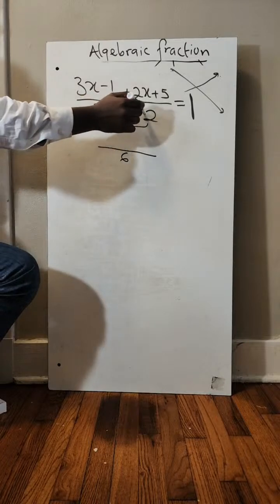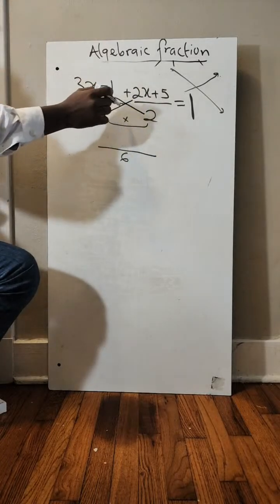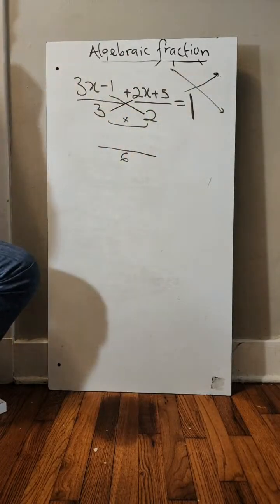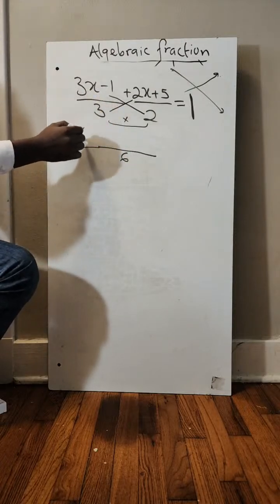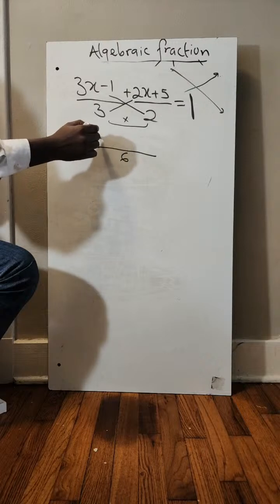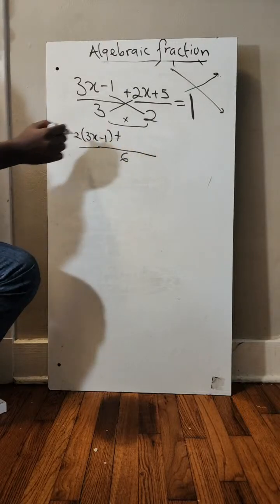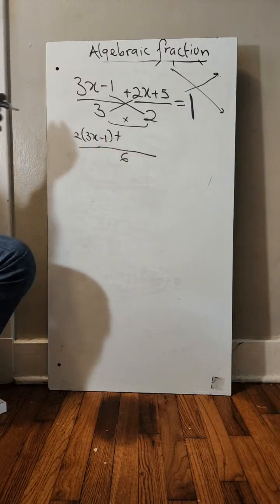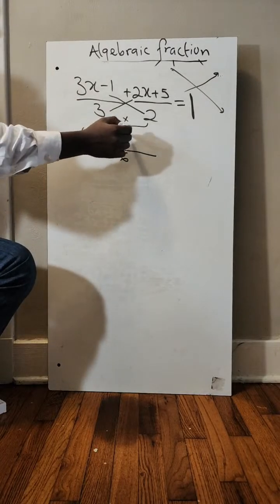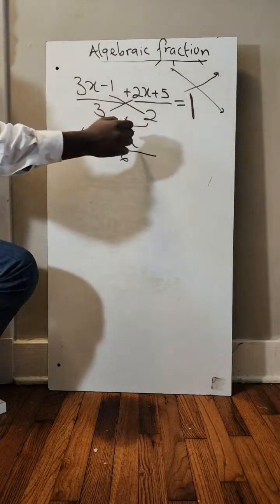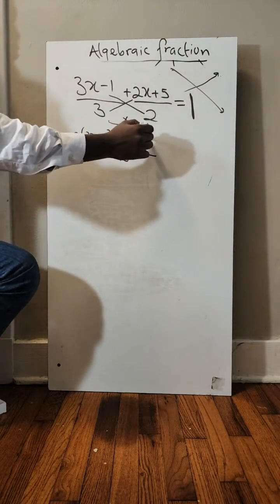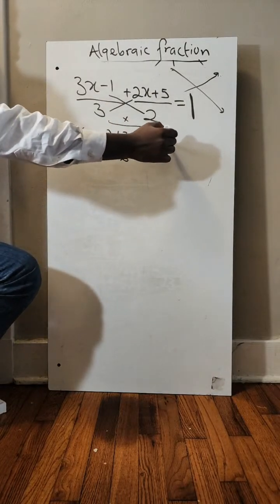And you do it this way using this method. So we have 2 multiplying the numerator on this side, plus we have 3 multiplying the numerator on the other side, which is 2x plus 5, equal 1.